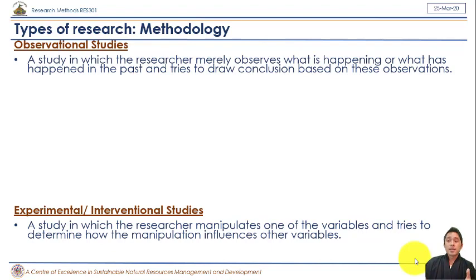So through experimental studies, we are going to intervene with some treatments, and basically we are going to treat that disease by, for example, one of the variables can be treatment with some insecticide. So we'll keep one citrus field having disease and one citrus field not having any kind of disease.